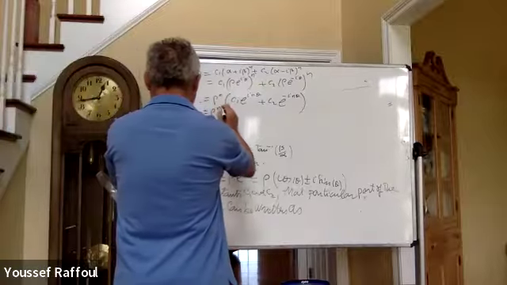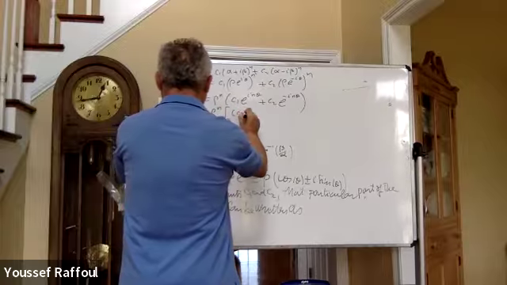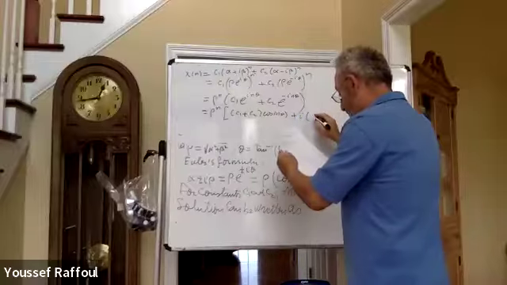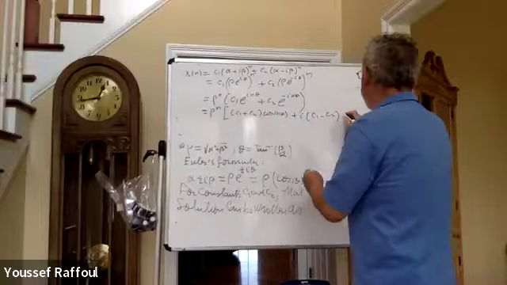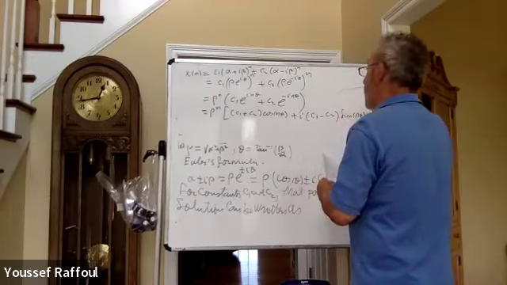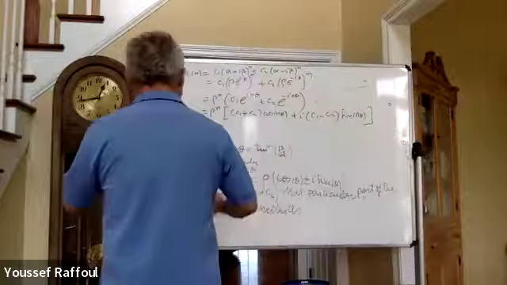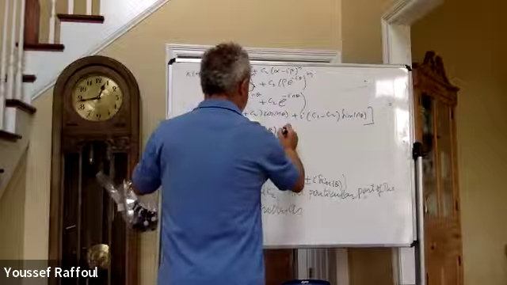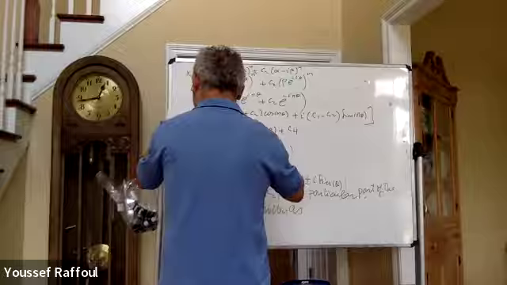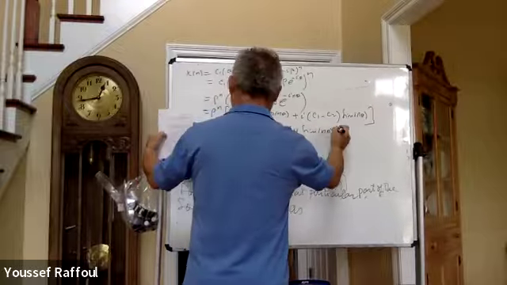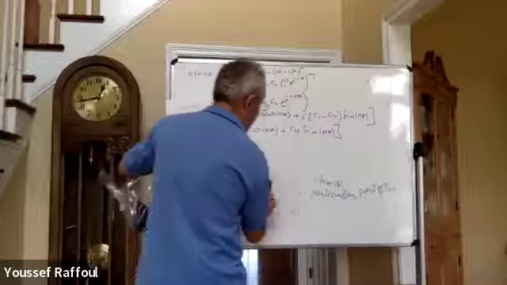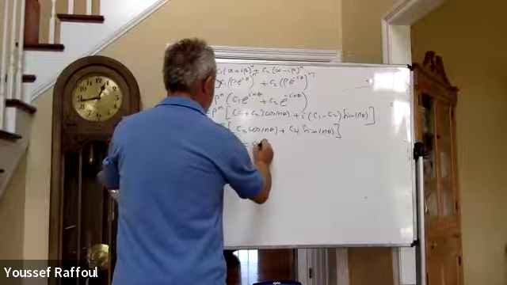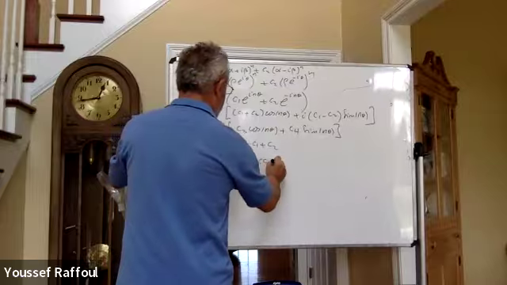So this is rho to the n, (C1 plus C2) cosine n theta plus i (C1 minus C2) sine n theta, and that is rho to the n, C3 cosine n theta plus C4 sine n theta, where C3 is C1 plus C2 and C4 is i times (C1 minus C2).